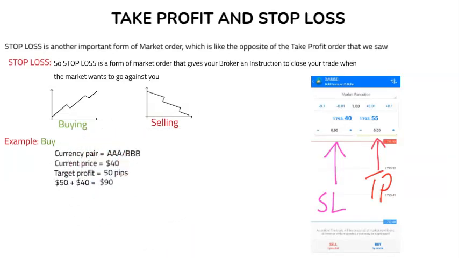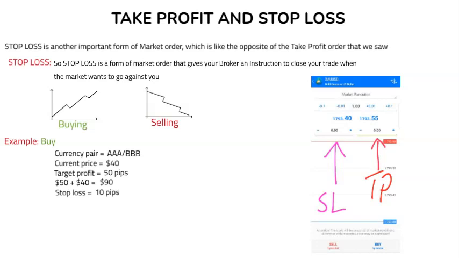Now after setting my take profit, I will also tell my broker that, look, Mr. Man, I am buying, so I want my trade to be open only when the price is going up. That if the price tries to go down by, let's say, more than 10 pips, close my trade for me, so you only want to stay in the trade when the price is going up.